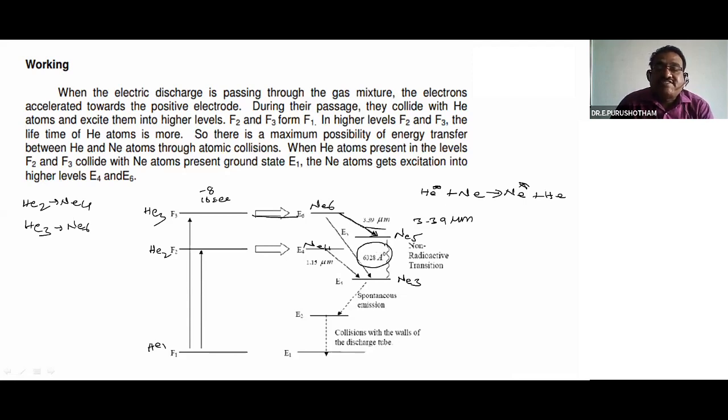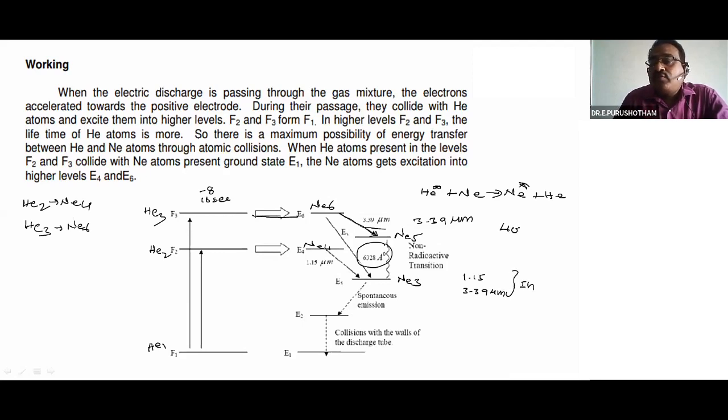Another one, a spontaneous emission, is Ne4 to Ne3, or E4 to E3, which is 1.15 micrometer. So the 1.15 and 3.39 micrometer radiations are invisible.